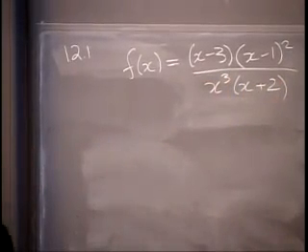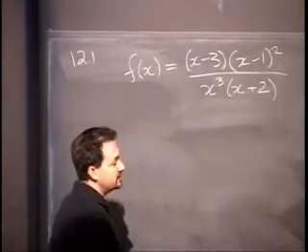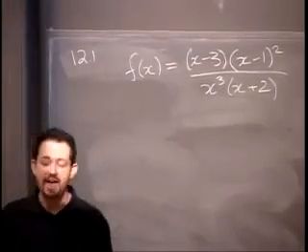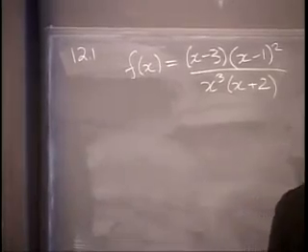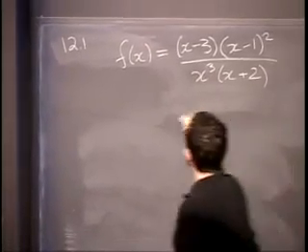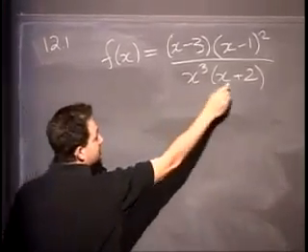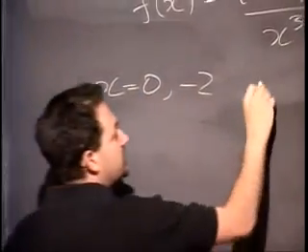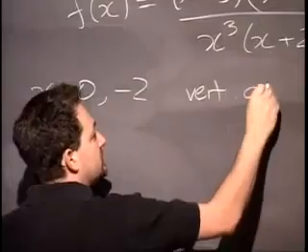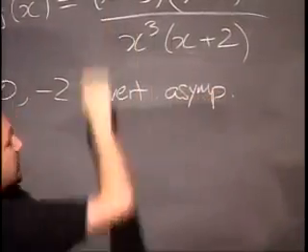Before we even do any calculus, one of the important things we're going to need to know is where does this function touch the axis and where does it blow up? So just inspecting it, we can see that x equals 0 and x equals minus 2 are bad. That's going to give us vertical asymptotes because the denominator is 0 but the numerator isn't.